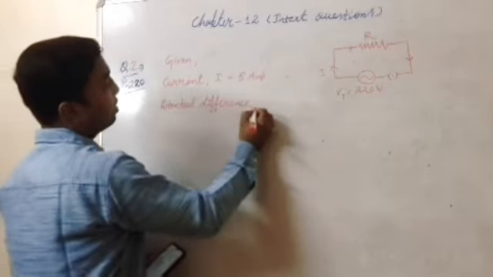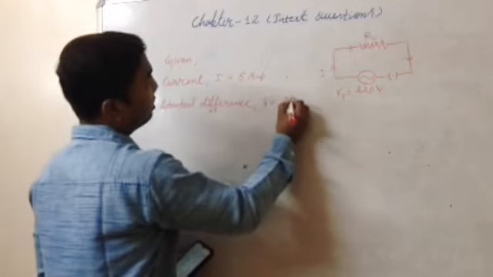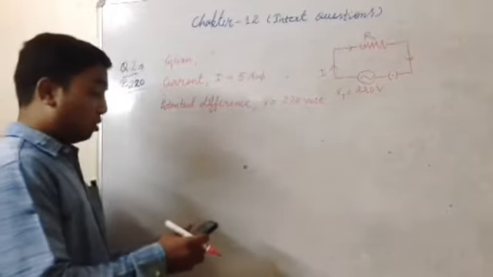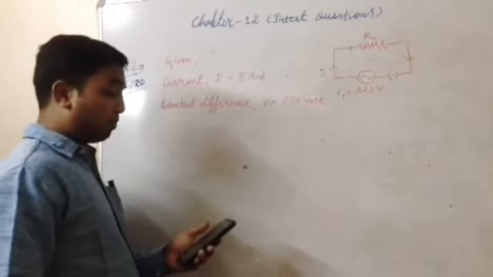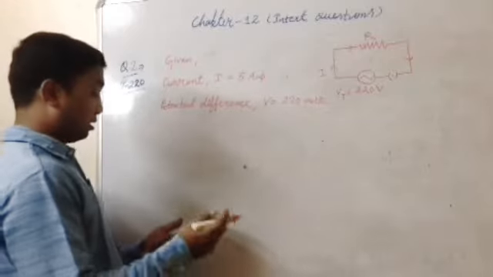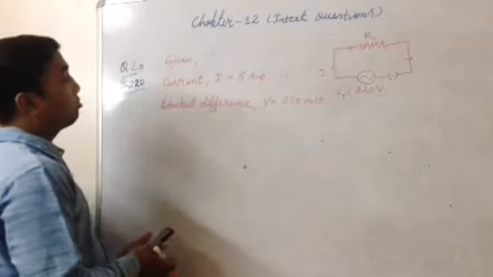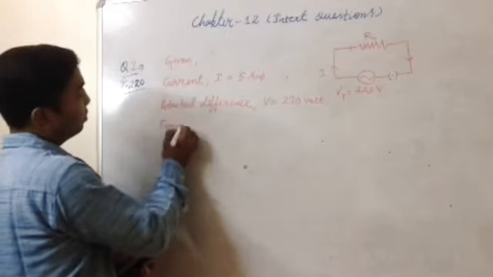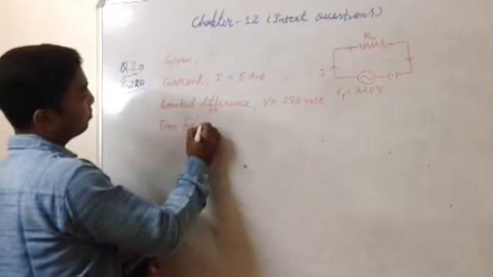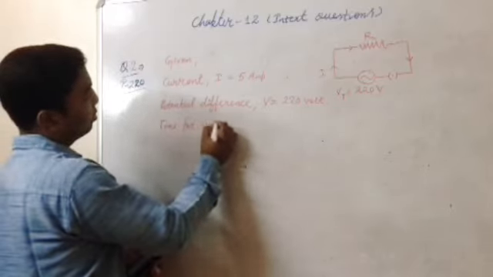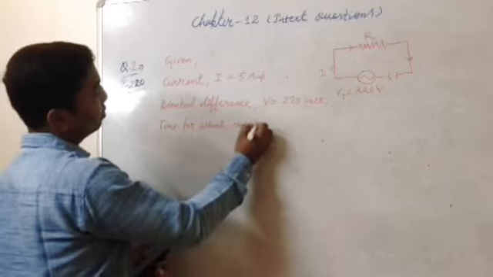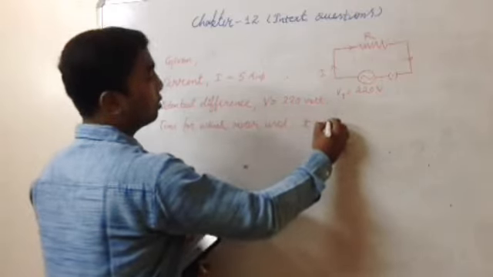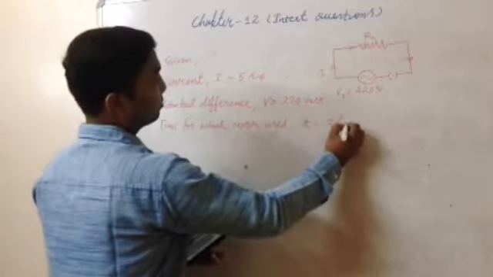The potential difference, or you can say voltage, is 220 volt. Now first we have to calculate the power of the motor, and second the energy consumed in 2 hours. So the time for which the motor is used is 2 hours.